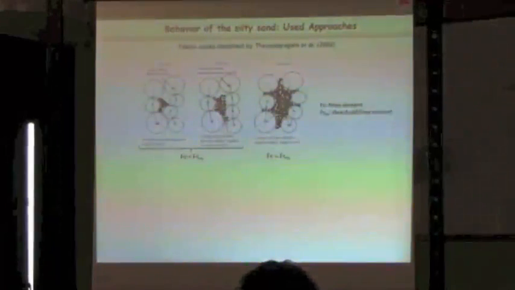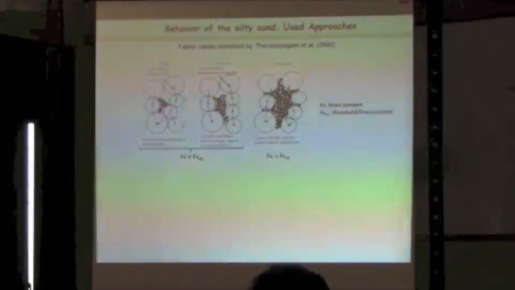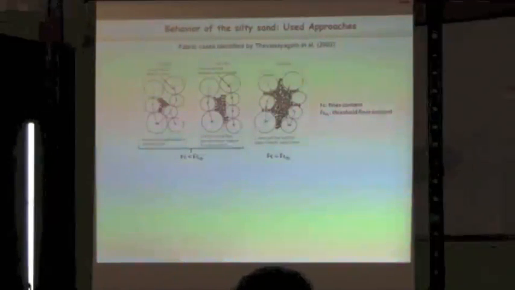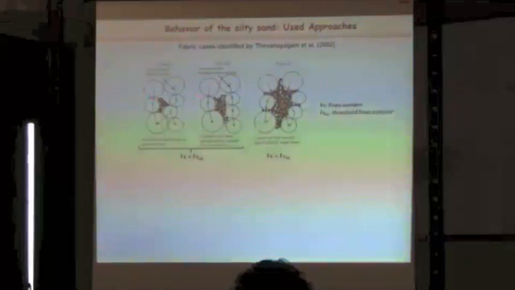So, when we deal with materials such as silty sand, the approach used is different from the one we use when studying clean sand. In this case, we could have three types of structure. Type 1, in which the fines fit in the void and do not participate in the force chain. In this case, the main shear resistance is supported by the sand skeleton.